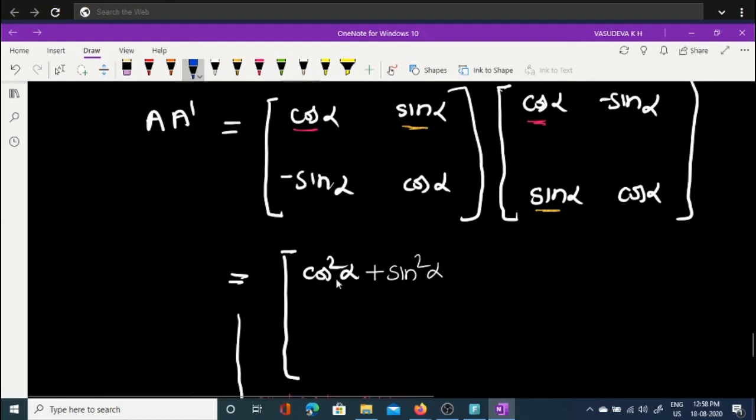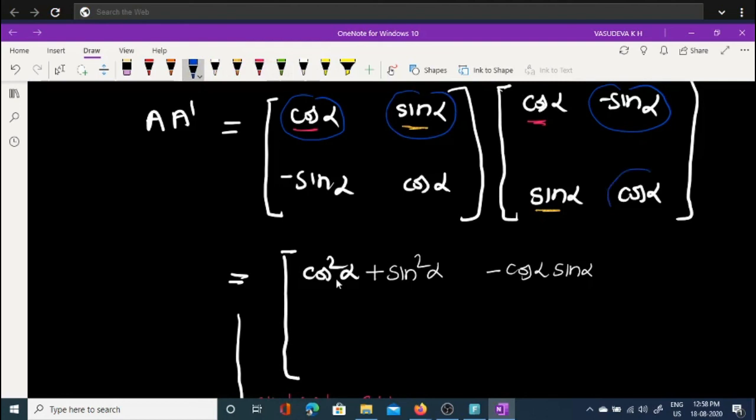Multiplying cos alpha with minus sin alpha, we have minus cos alpha into sin alpha, and multiplying sin alpha with cos alpha, we have plus sin alpha into cos alpha.